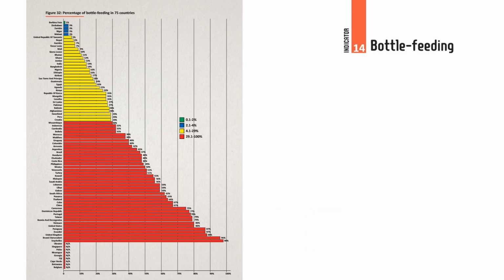Where are we here? We're not at the very, very bottom of the red. But again, you'll notice that there is only one green country here, and that's Burkina Faso, which scored in the green for the bottle feeding indicator.